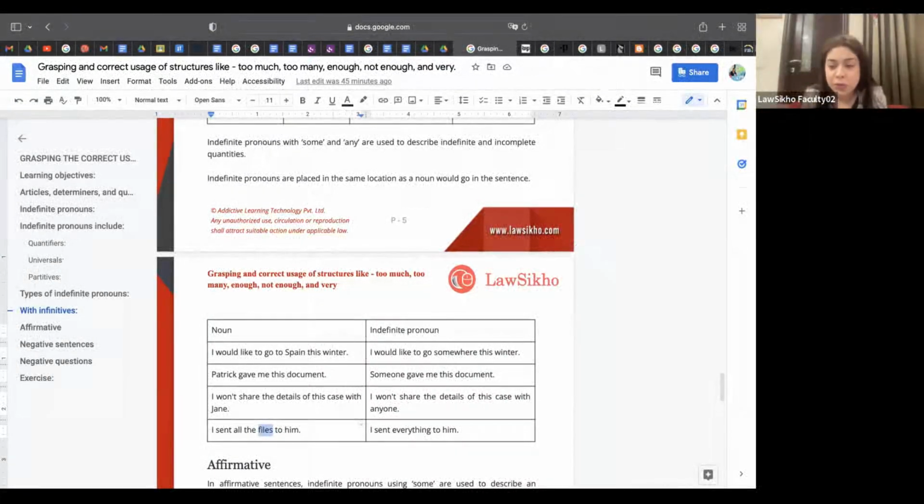TO here is not a preposition, it's a particle. To followed by the verb: to listen, to speak, to eat, to talk. All of these are the base form of any verb. From here, we derive all the verbs and change them according to how we need.